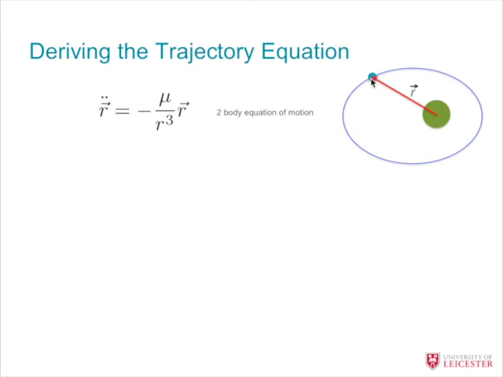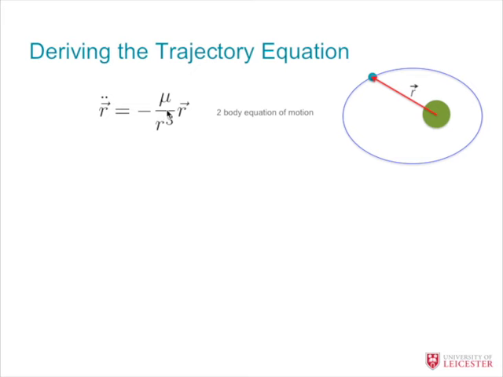And this blue point here is the position of a spacecraft, and the red vector going from the center of the gravitating body to the center of the spacecraft is the radius vector r. And the two-body equation of motion tells us the force, or equivalently what the acceleration felt by the spacecraft will be in the presence of that gravitational field when it's at a position r and it's in the proximity of an object whose gravitational parameter is mu.